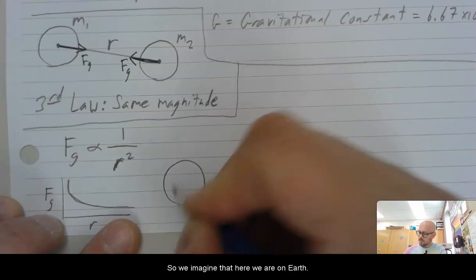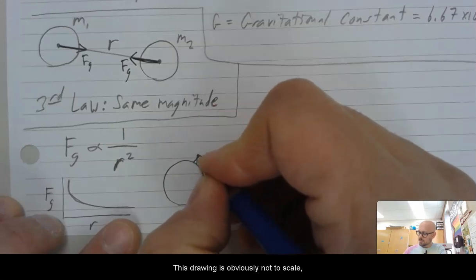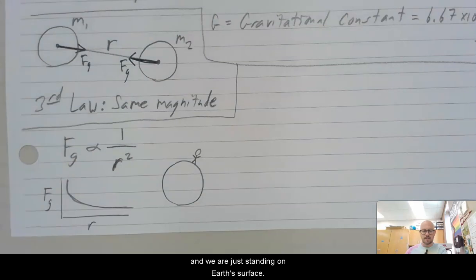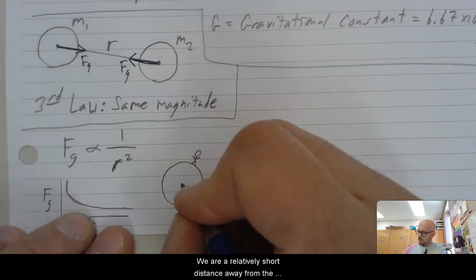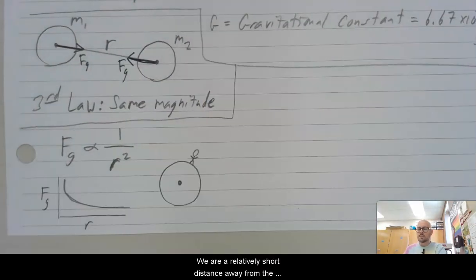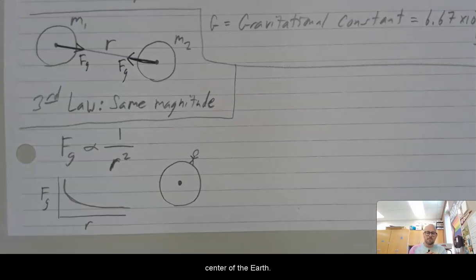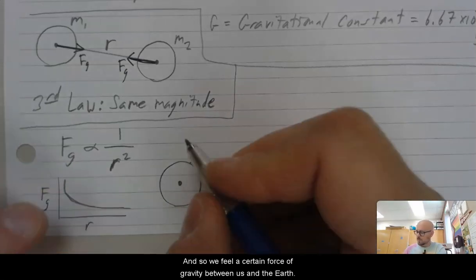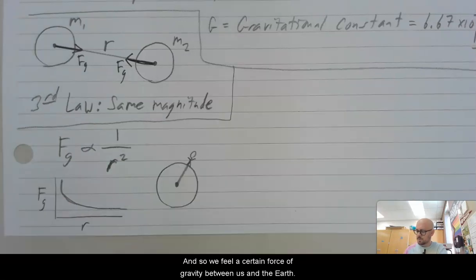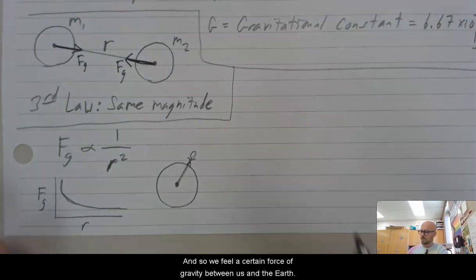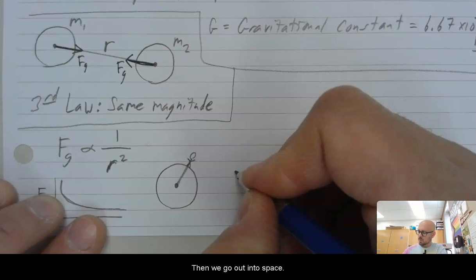So we imagine that here we are on Earth. This drawing is obviously not to scale, and we are just standing on Earth's surface. We are a relatively short distance away from the center of the Earth, and so we feel a certain force of gravity between us and the Earth. Then we go out into space.